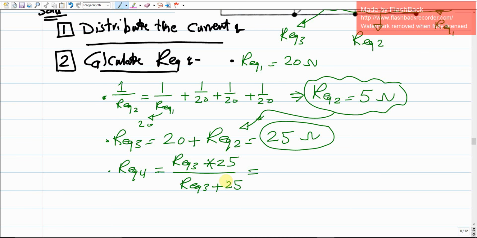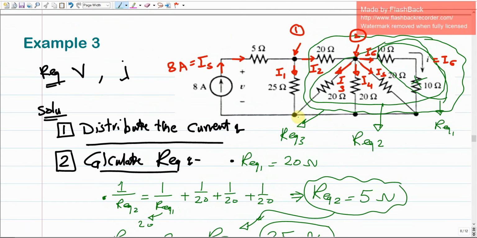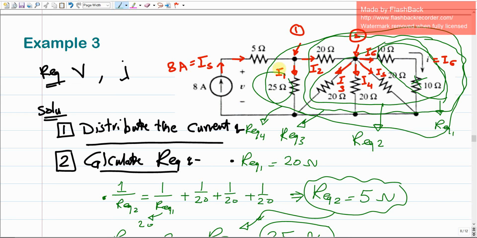Why the multiplication over the sum? Because these two are parallel. So we have here R equivalent 4, as if we are combining all of these together into R equivalent 4. Make sense? Then for the R equivalent by itself, it means that we're going to cancel all the resistances except this one. This one to this one, it is series because they do have the same current at the end.